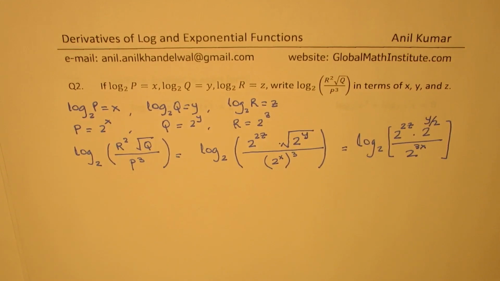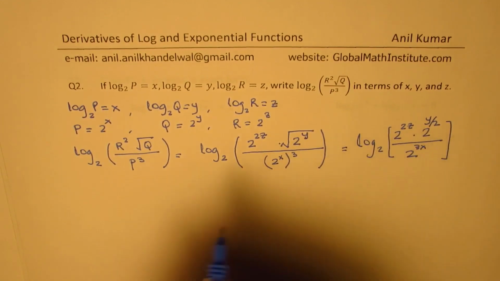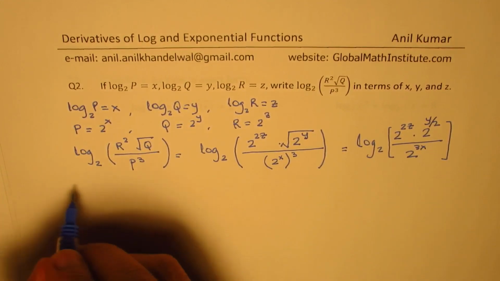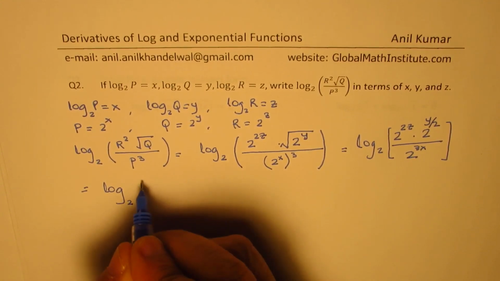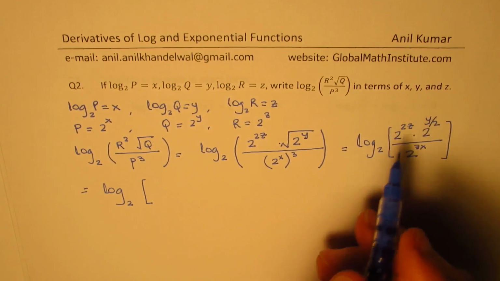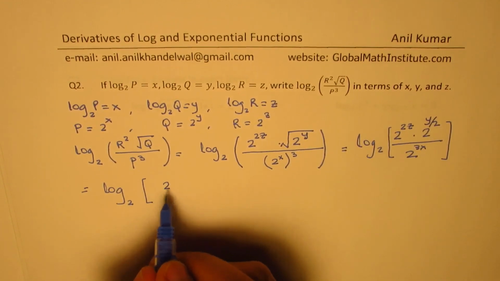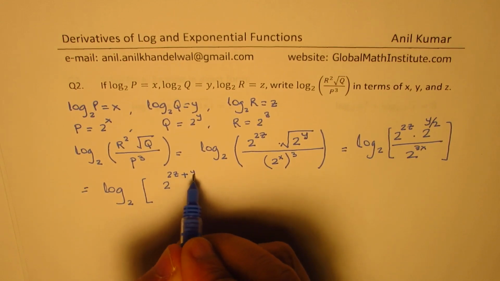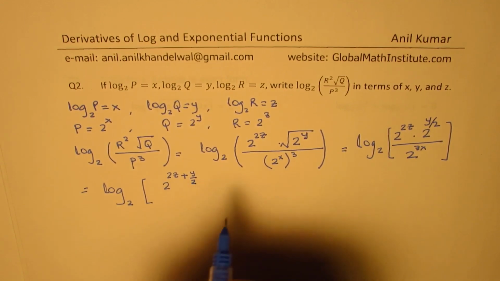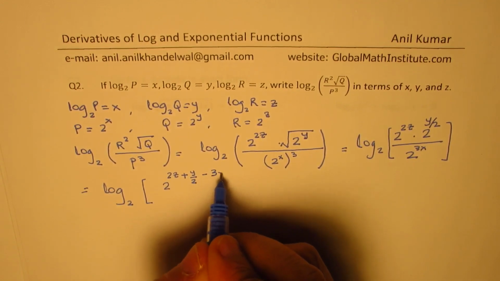So that becomes your expression. Now we can just add them out. We get 2 to the power of 2z plus y by 2 minus 3x.